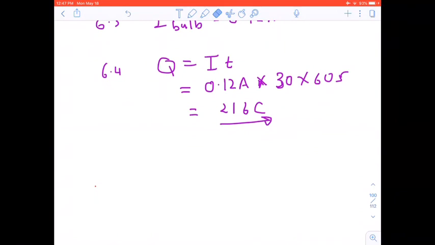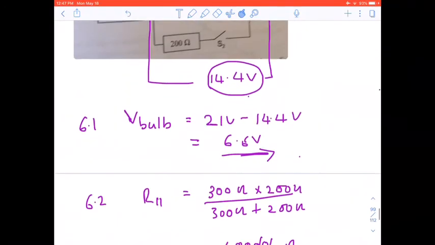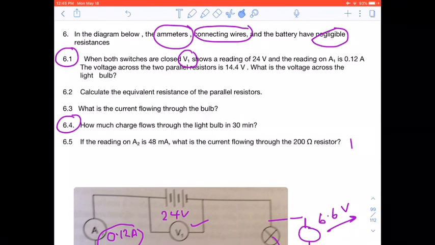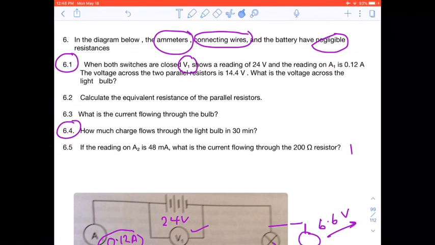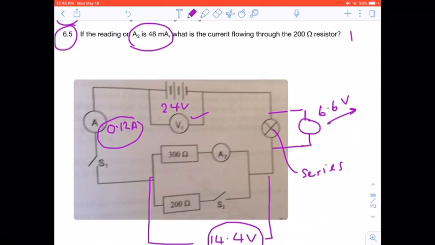Now if we look at the next question, 6.5, it asks: if the reading on A2 is 48 milliamps, what is the current going through the 200 ohms?